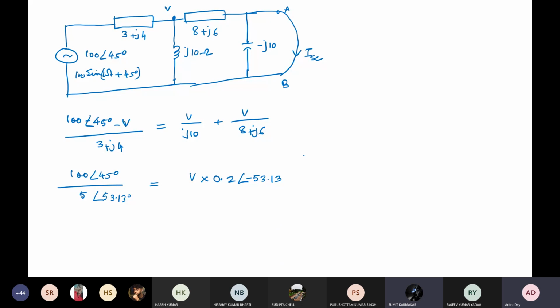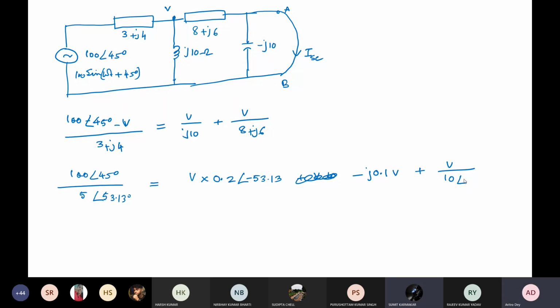Then this you can write as V into, here this is 10, when you go up, it will be minus J 0.1, right? So you can write it as minus J 0.1 V, and then this is actually 10 angle, it's the other way around, it is 36 something, let me check it.